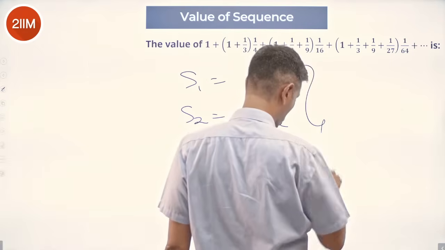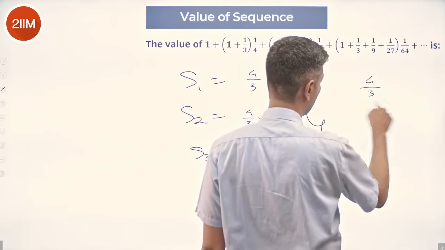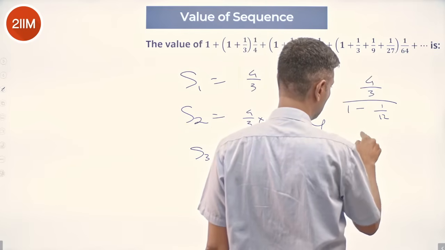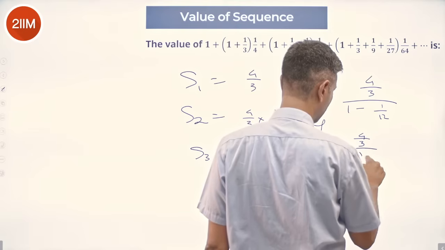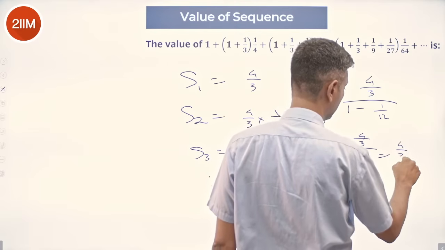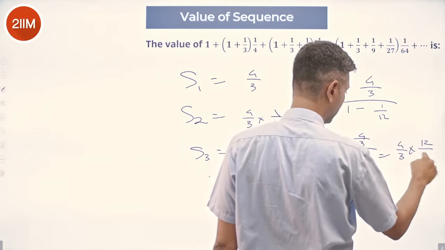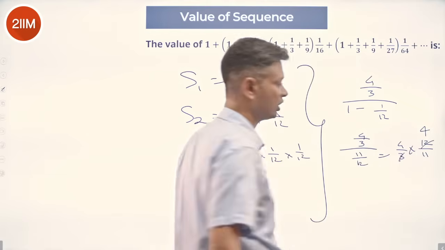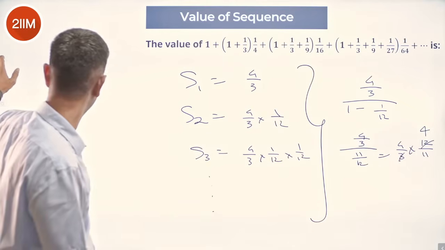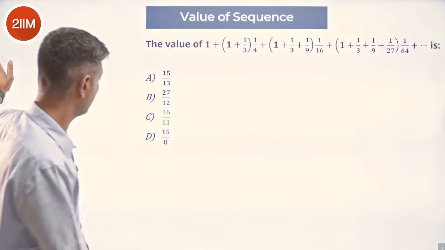The sum of this whole thing is 4 by 3 by 1 minus 1 by 12, 4 by 3 by 11 by 12, or 4 by 3 into 12 by 11, which is 16 by 11. Hopefully that's among our choices. Yes, it's there, that's the right answer.